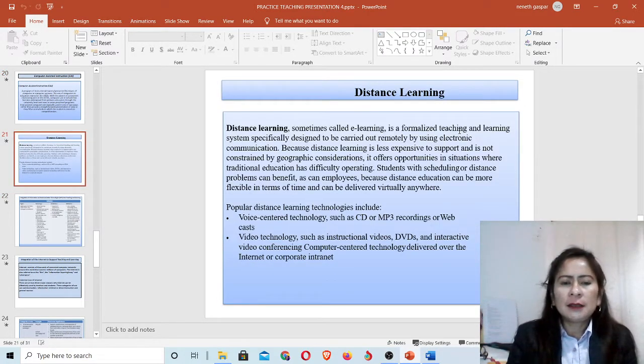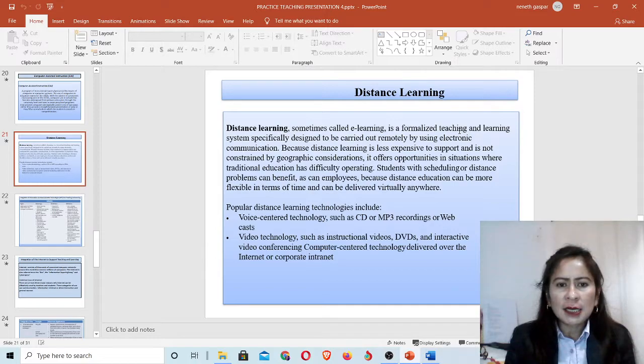Distance learning, sometimes called e-learning, is a formalized teaching and learning system especially designed to be carried out remotely by using electronic communication. Because distance learning is less expensive to support and is not constrained by geographic considerations, it offers opportunities in situations where traditional education has difficulty operating.